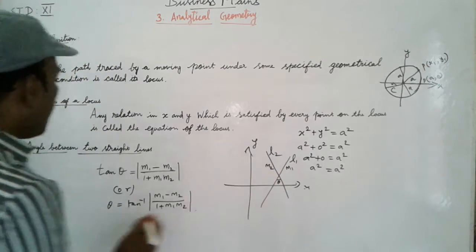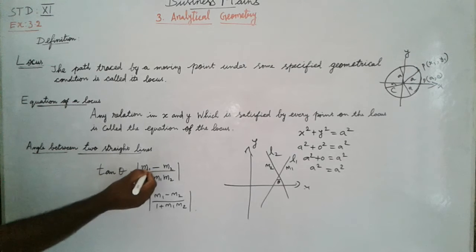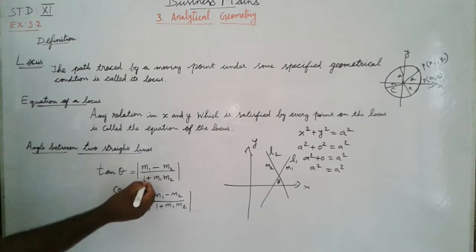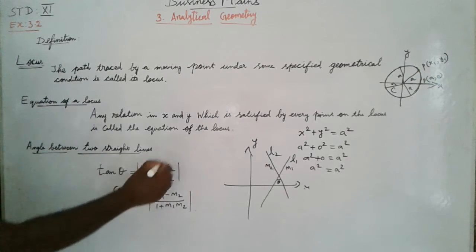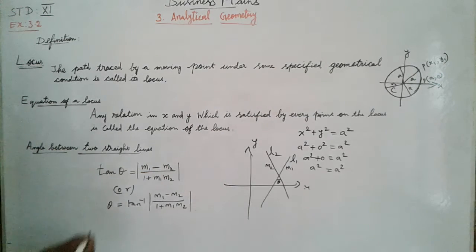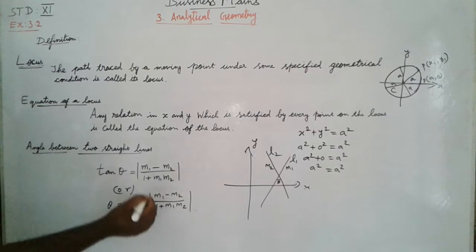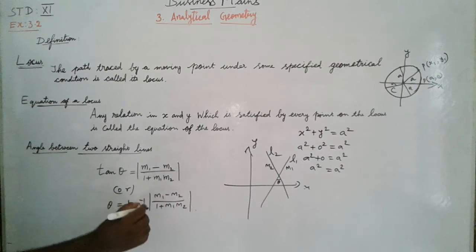Then the angle between two straight lines is tan theta equal to modulus of m1 minus m2 divided by 1 plus m1 m2. So we write theta equal to tan inverse of modulus of m1 minus m2 divided by 1 plus m1 m2.